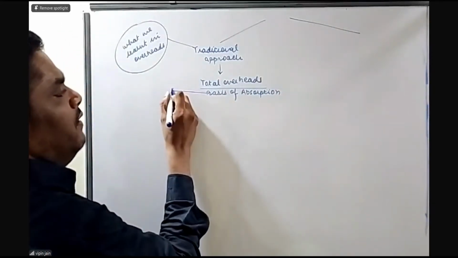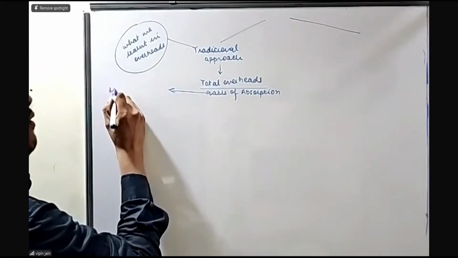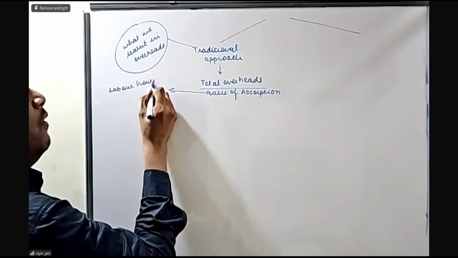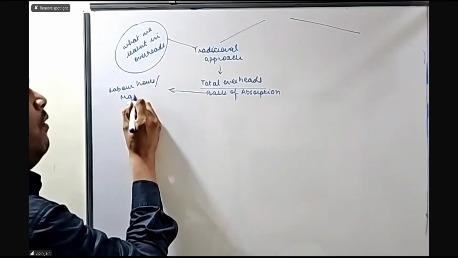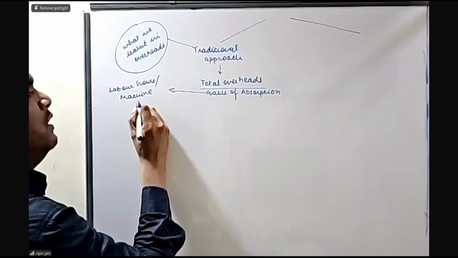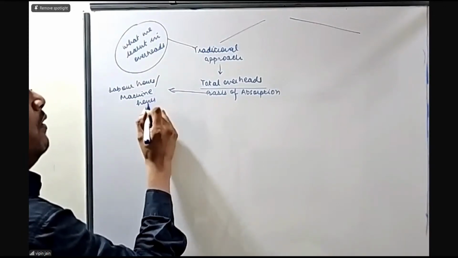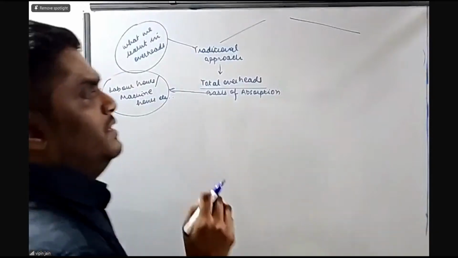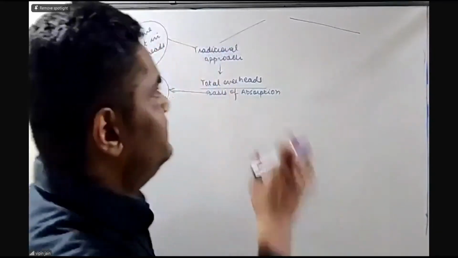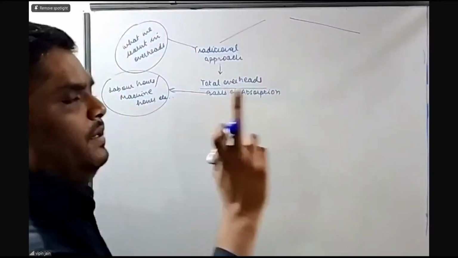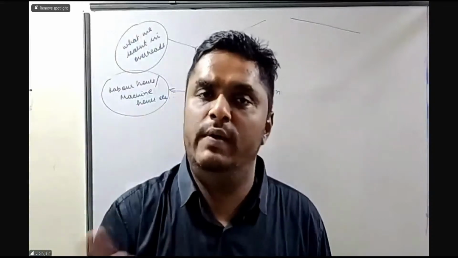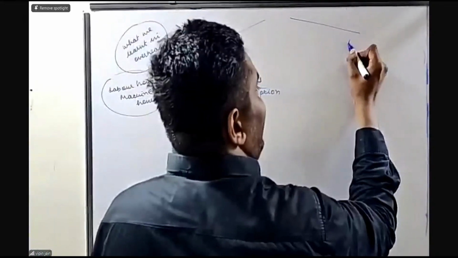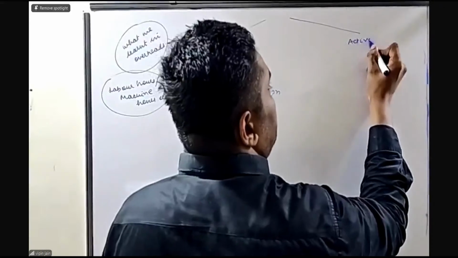It can be either labor hours or machine hours. So this is what we used to do in overheads. That is the traditional approach, total overhead divided by only one basis of absorption that will be given in the question.